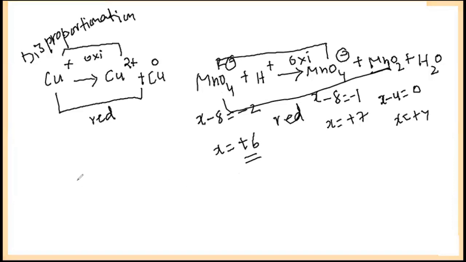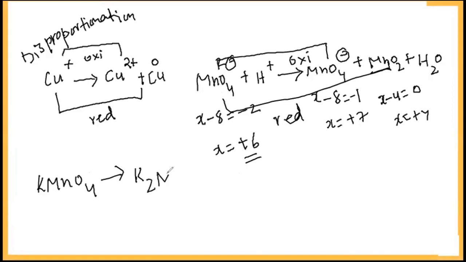Then come to the next option, KMnO4 gives rise to K2MnO4 plus MnO2 plus O2. Here KMnO4, or MnO4 minus, is plus 7 only.